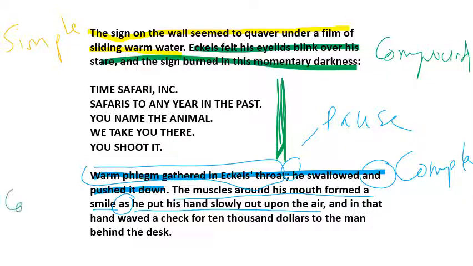That is in fact compound, but because the sentence keeps going, we can see that it becomes a complex sentence. And then we have another join here: "and in that hand waved a check for $10,000 to the man behind the desk."